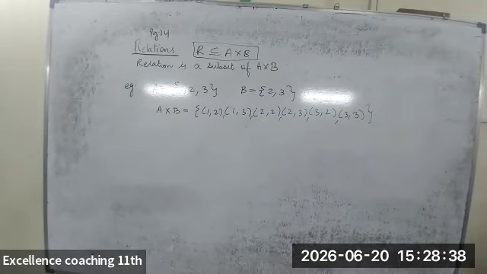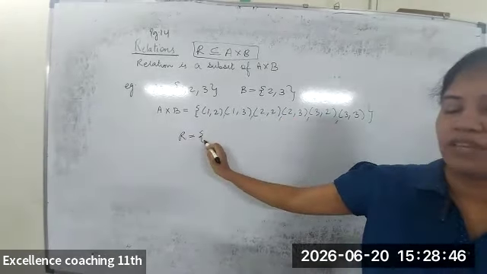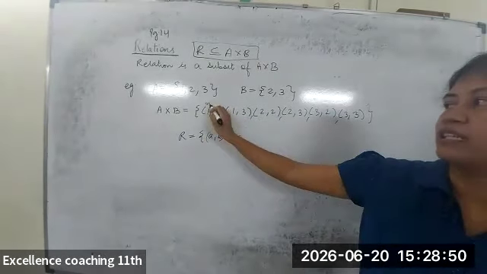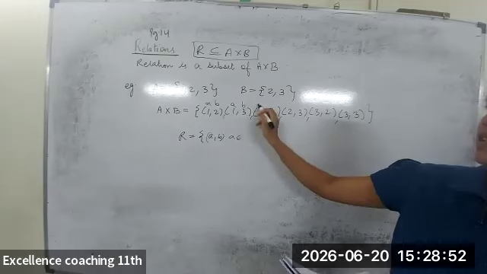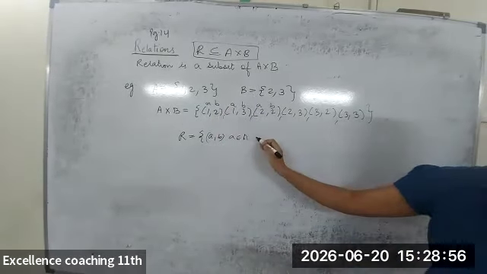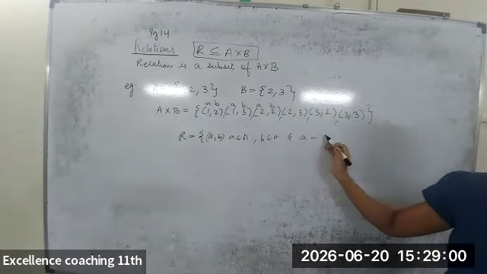Now they have given some relation. Not necessarily every time it will be the same relation. The relations can change. Now in the question they have given this: (a, b), a belongs to capital A, b belongs to capital B, and a is equal to b.